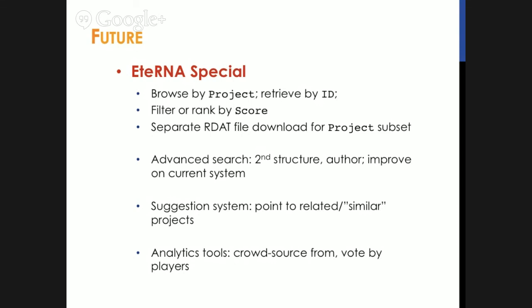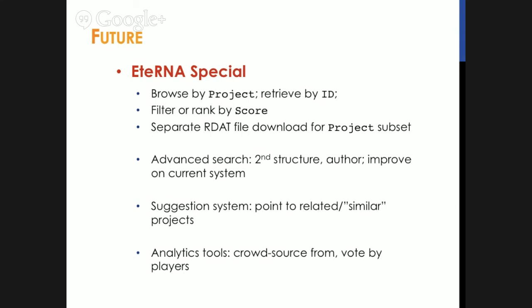Also in the future, maybe there could be a suggestion system that mines through all the previous entries and comes out with some sort of score that can learn and recommend what is similar. It's like an Amazon recommendation system.